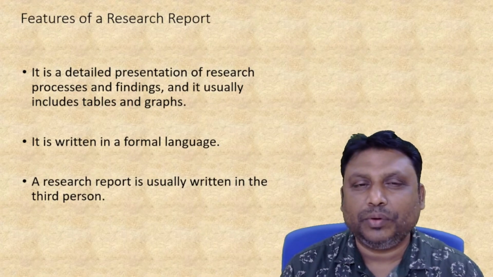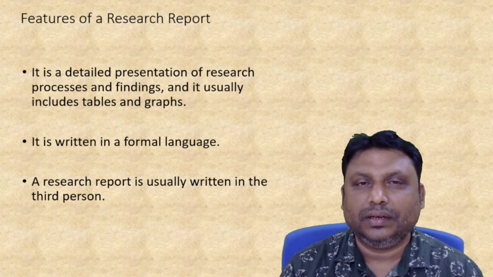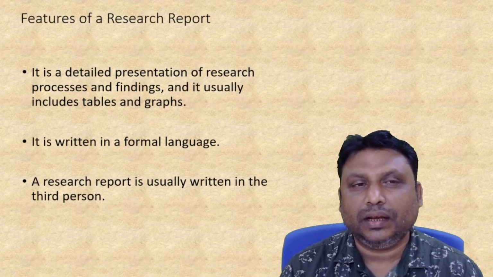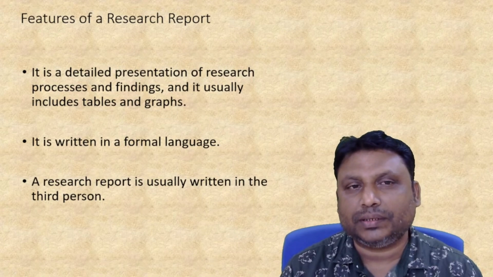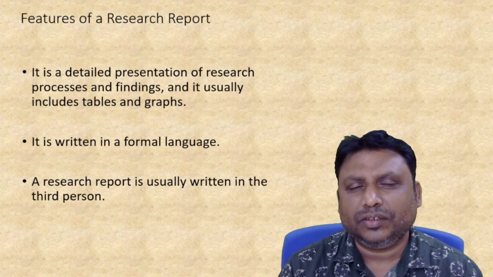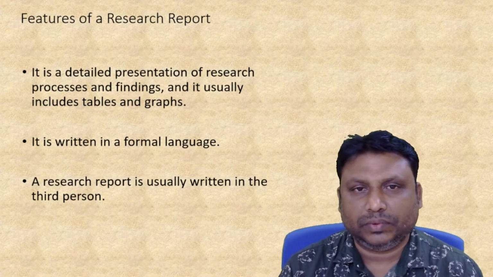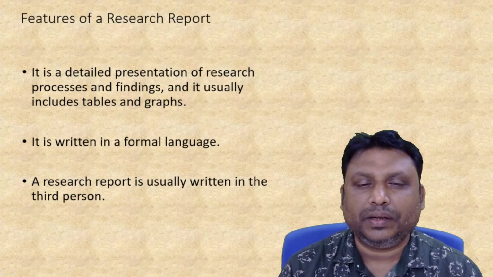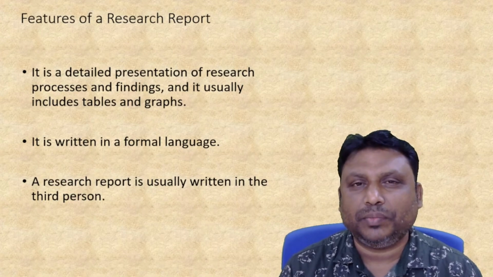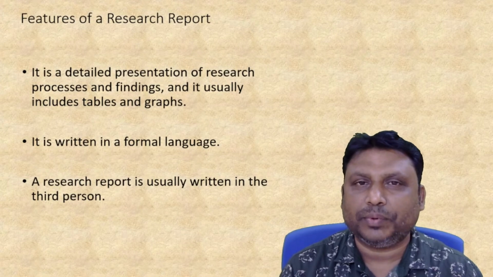Generally, when you are preparing the title of the research, the body of the research or your analysis of the research, if you are comfortable writing the research report, there is not a problem. But the research report is generally written in the third person. Why is it called the third person?